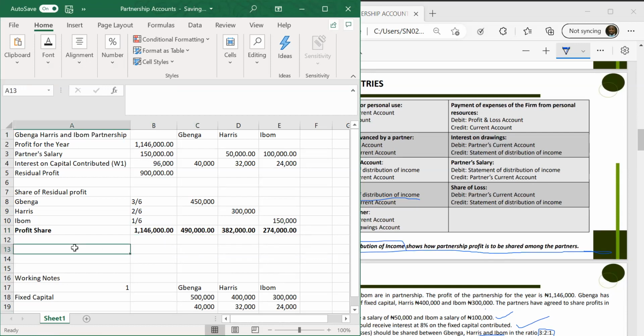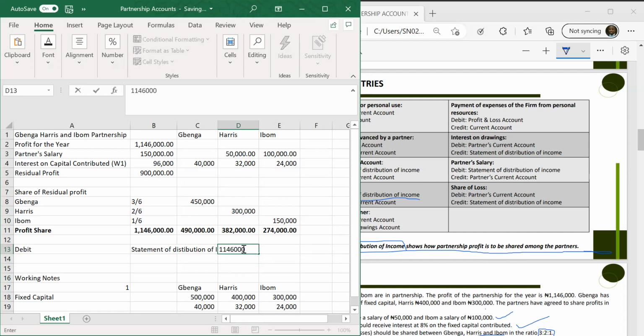So the posting will go like this: debit a statement of distribution of income. How much are we debiting? 1146.